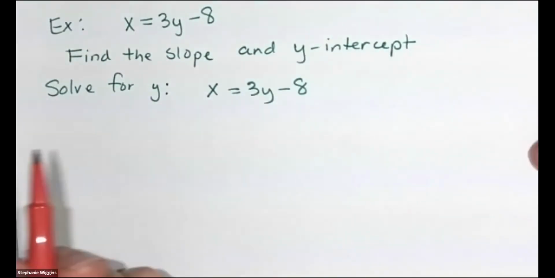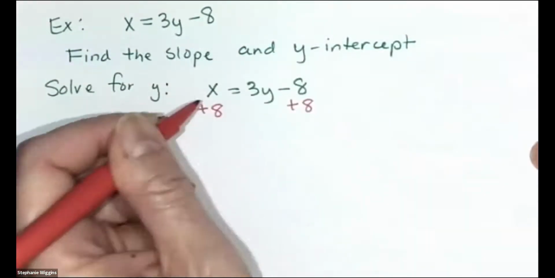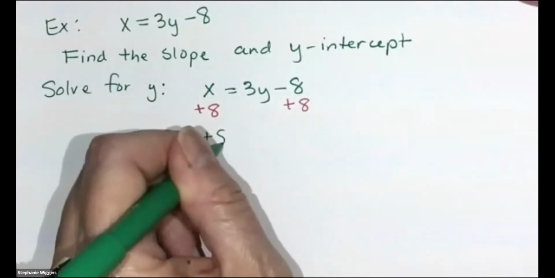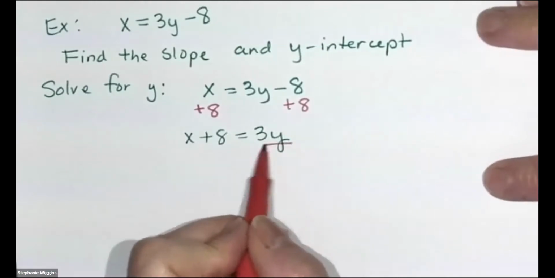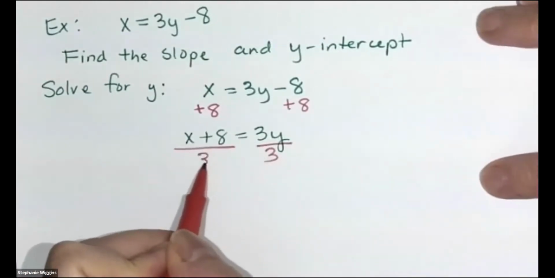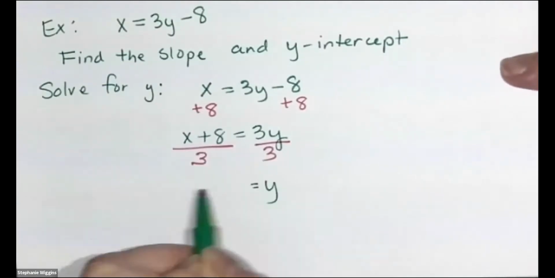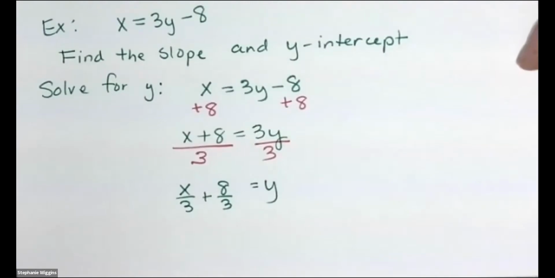So I want to get y by itself, so I'm going to go ahead and add 8 to both sides. And that gives me x plus 8 equals 3y. And then I'm going to divide both sides by 3. So that's going to give me y equals x over 3 plus 8 over 3.